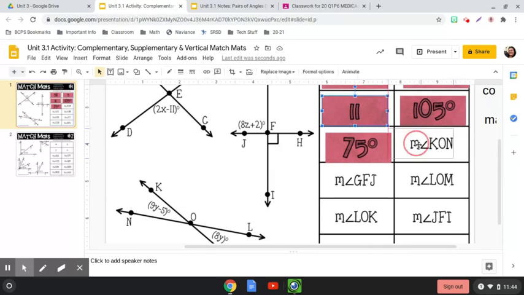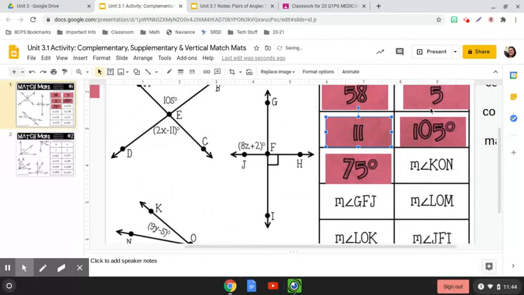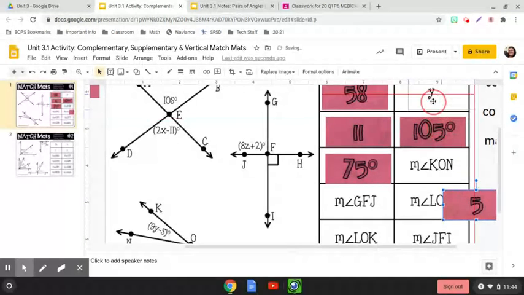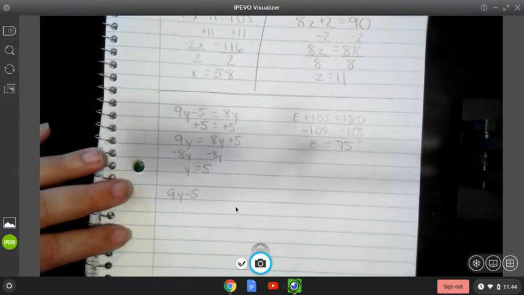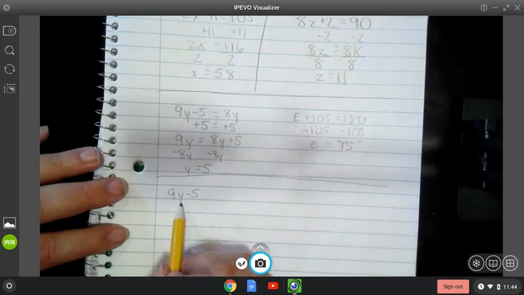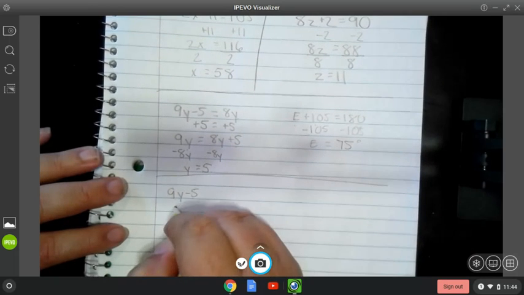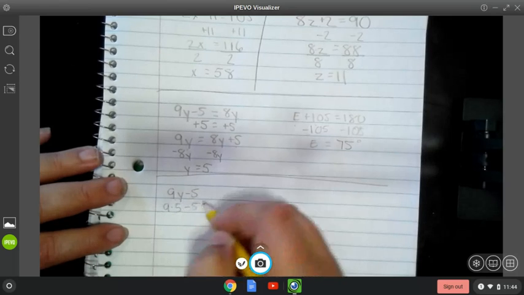Which one of these was y? Nope, that's z. Y is 5. We've already solved for that. So all we have to do is plug in our numbers. So 9y minus 5. Well, we know that y is 5. So 9 times 5 minus 5.